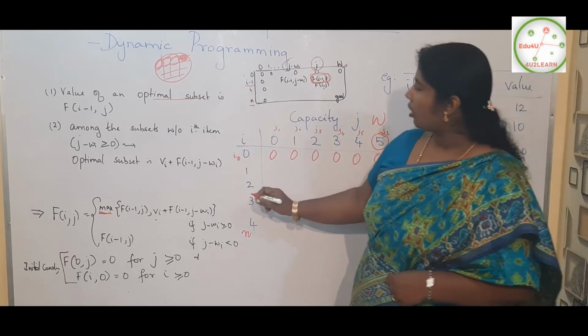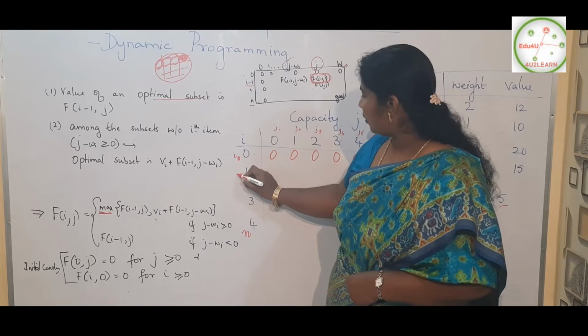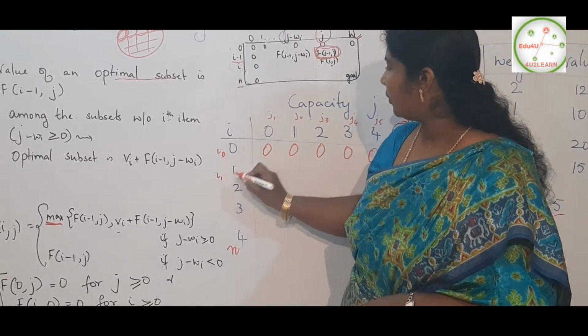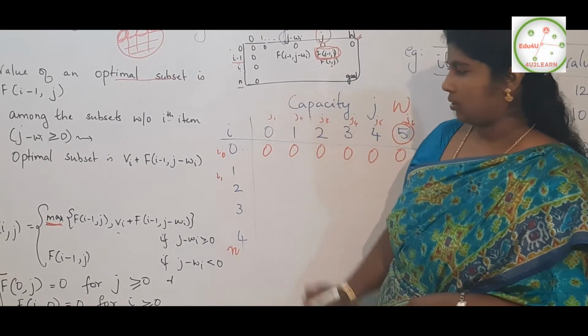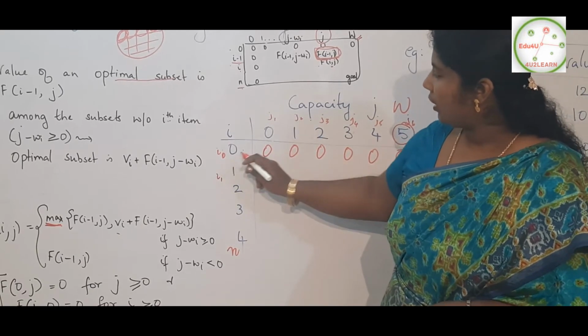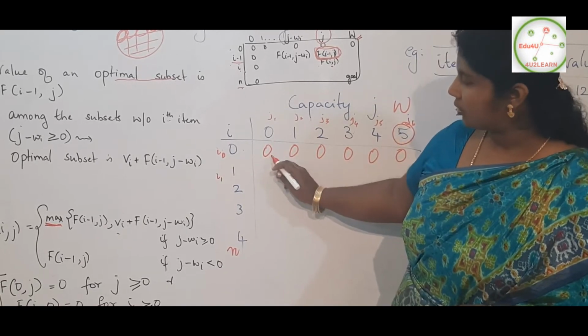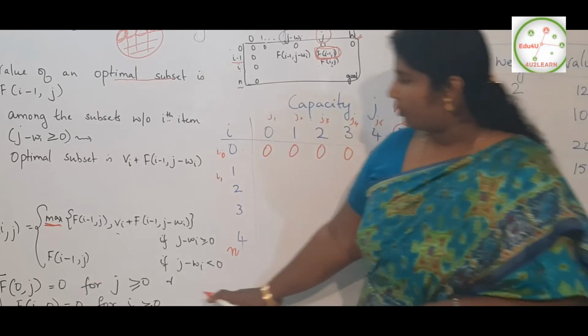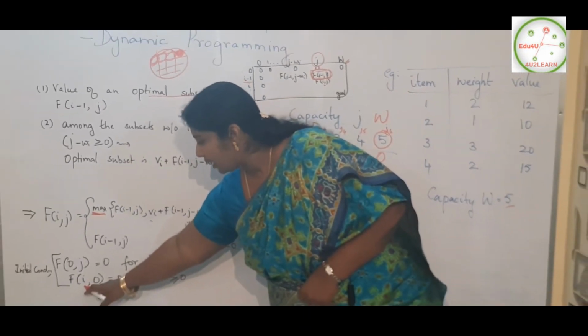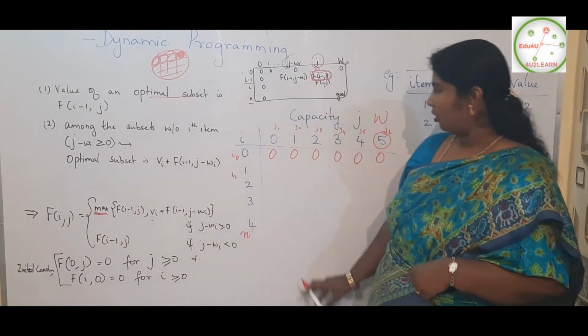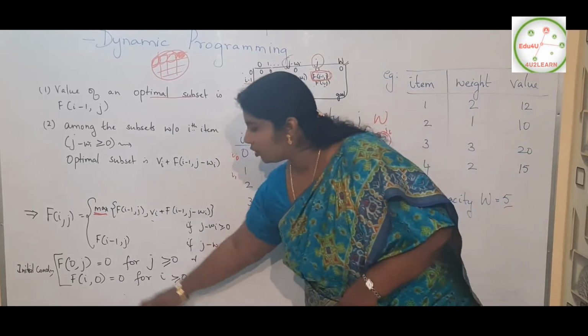Okay, so now how do we go about? Now we will just look into this condition. J1 is 0, okay, and I0 is also 0. But now here we just say, if I has a value and j is 0, then there also the value is going to be 0.